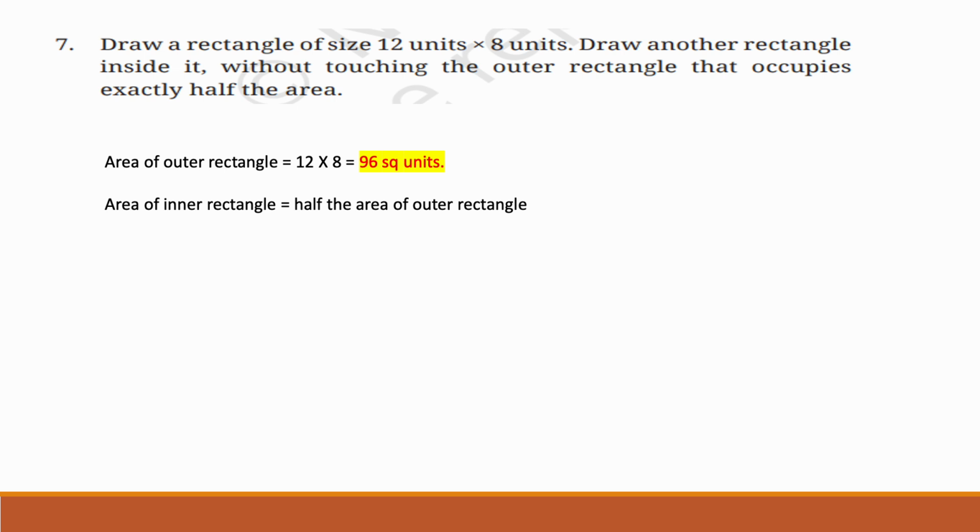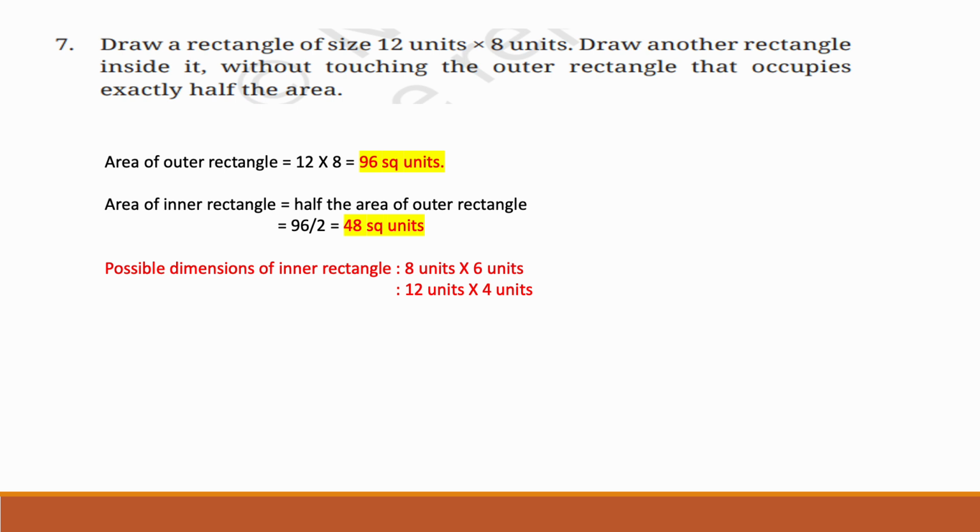So, the area of the inner rectangle is half the area of the outer rectangle, that is 96 by 2, that is 48 square units. So, possible dimensions of the inner rectangle are 8 units by 6 units and 12 units by 4 units.